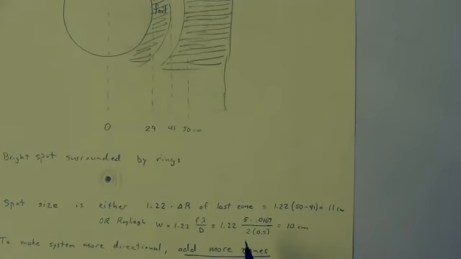Then to get the actual size of the spot, you got to multiply by the focal length. 1.22 lambda over d would give you the angular size of what comes through, and then to get the linear size, you multiply by the focal length. And I got 10 centimeters. In this case, the focal length being the distance, the 5 meters. Yeah, that's just the 5 meters.